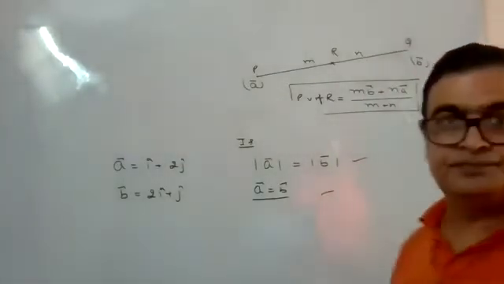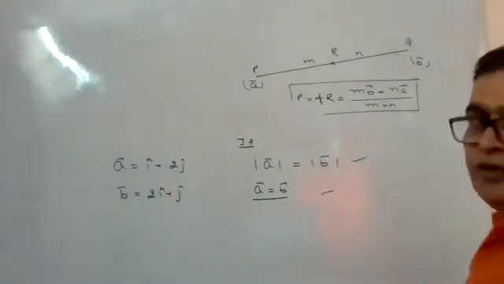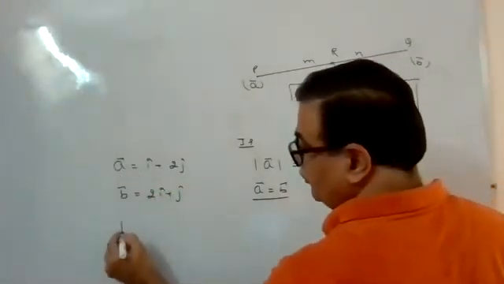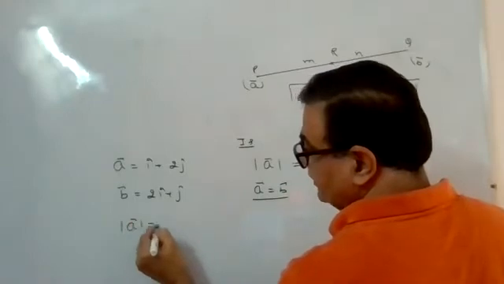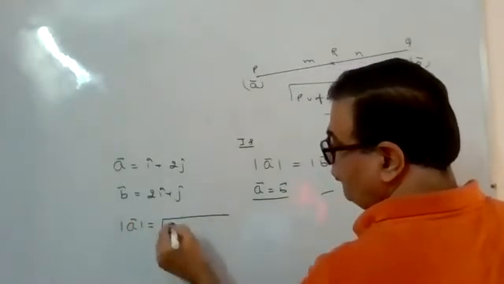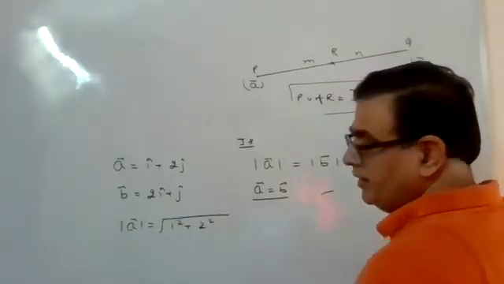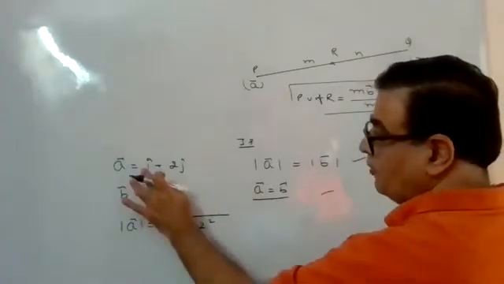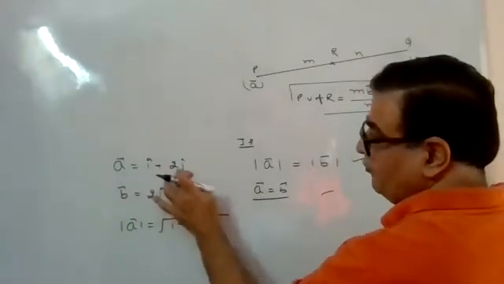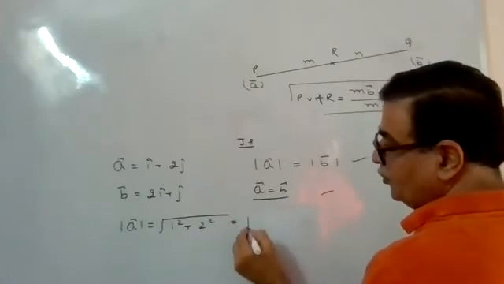What is the magnitude of A vector? The formula says under root of 1 square plus 2 square. Components are x and y, x is 1, y is 2. So it comes to root 5.